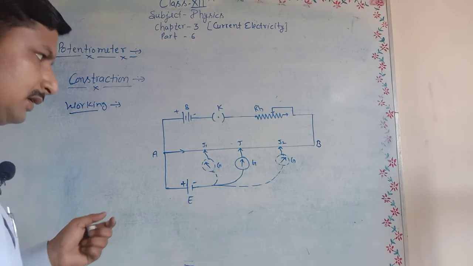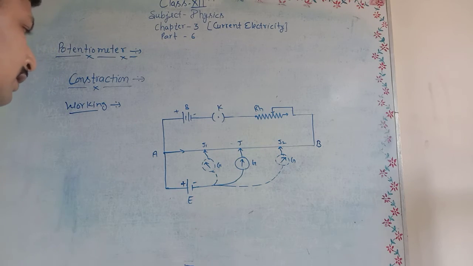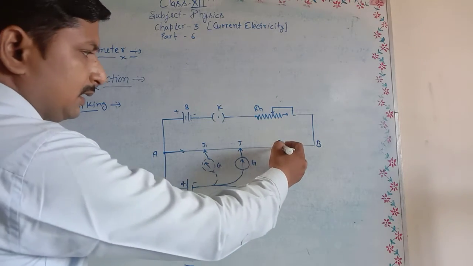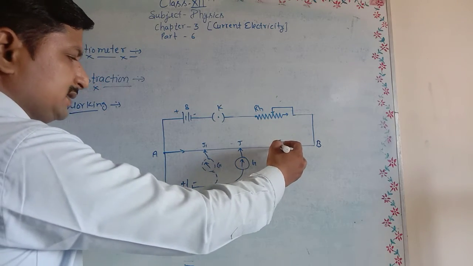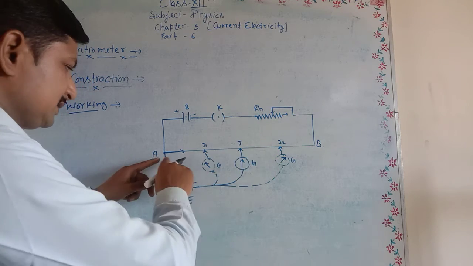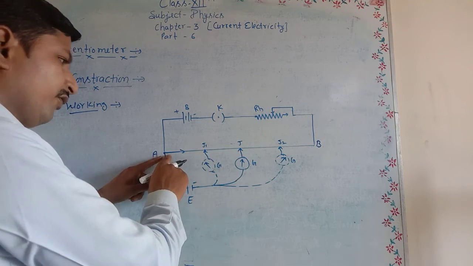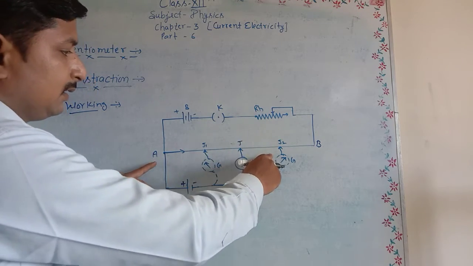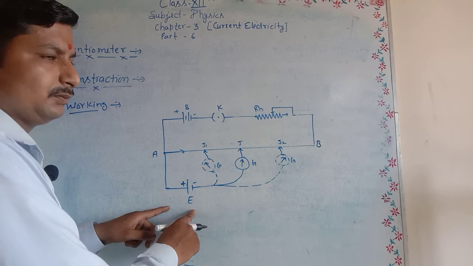Second point: when the jockey touches the wire at the point J2, then the potential difference of the wire AJ2 is greater than the EMF of the cell.